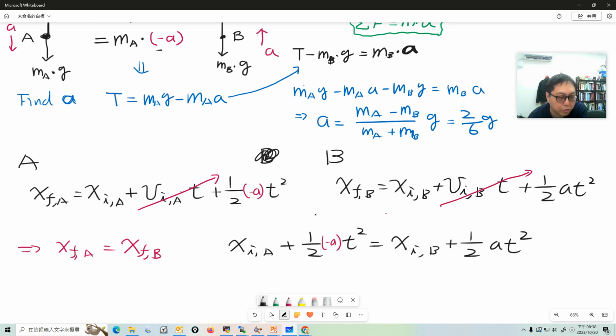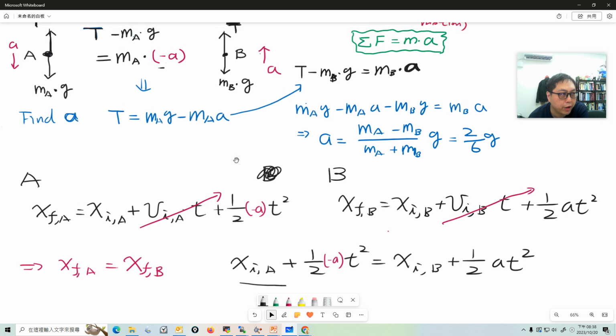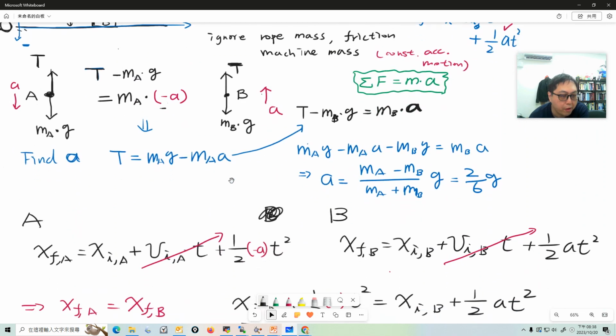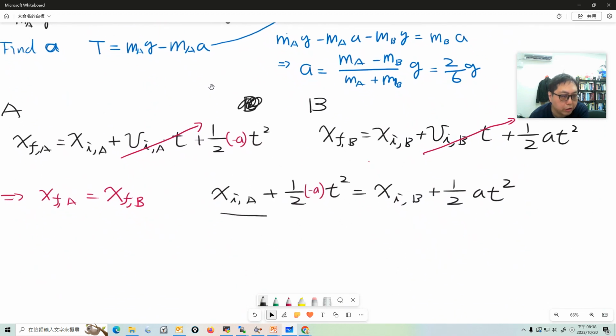So what's the initial position of A? If we set 0 to be here, the initial position of A is 30, and the initial position of B is 0. So this is 30 minus 1/2 a T squared, and B is 0 plus 1/2 a T squared.